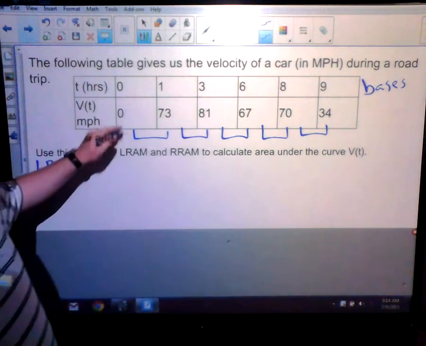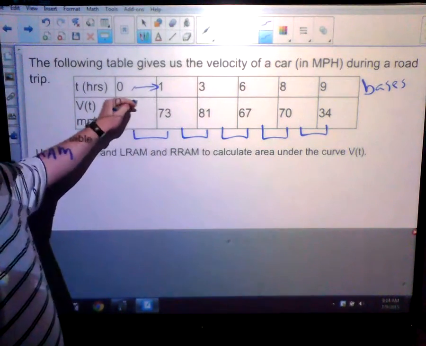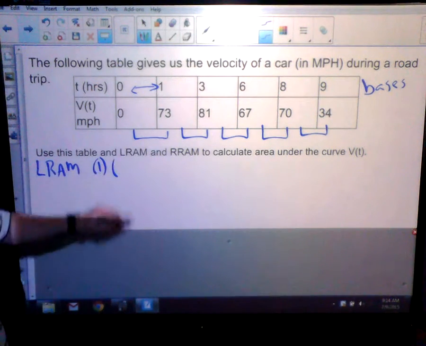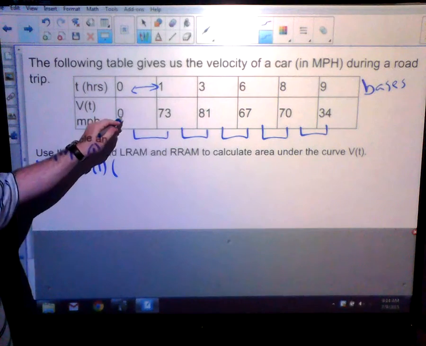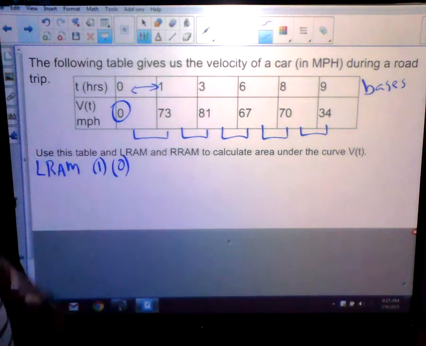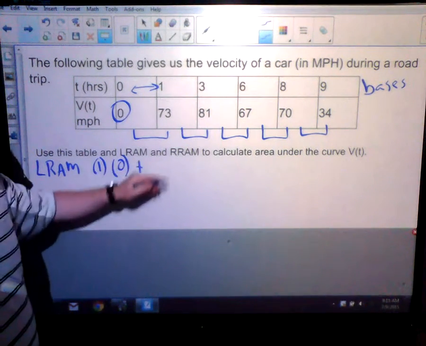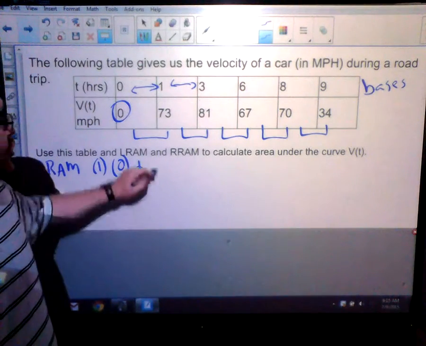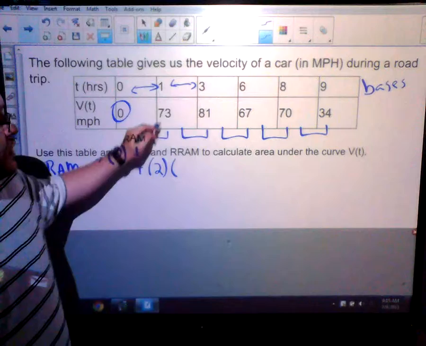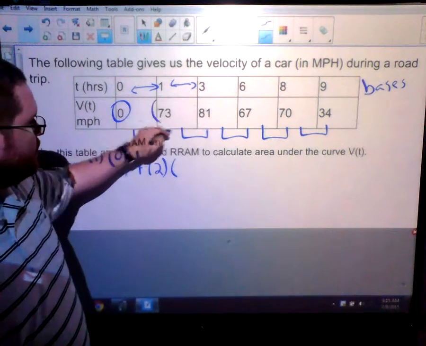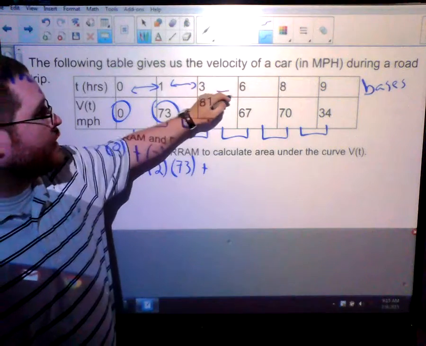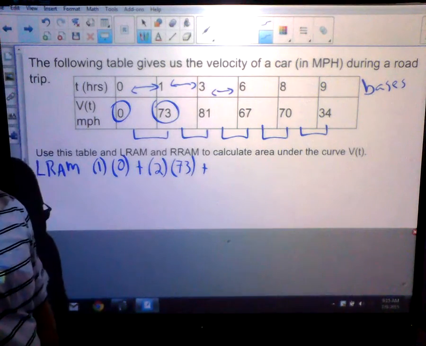For this first rectangle right here, how wide is the base? It's 1. Which of these two heights do I use? 0. Plus, for this next rectangle, how wide is the base? It's 2. And which of these two heights do I use? This one. For the next rectangle, how wide is the base?